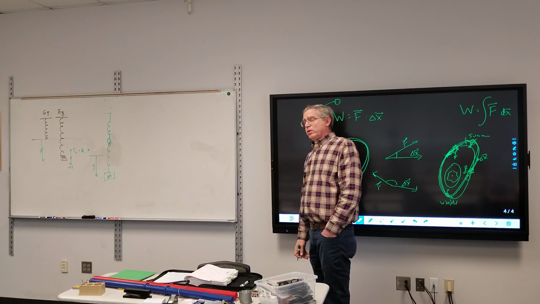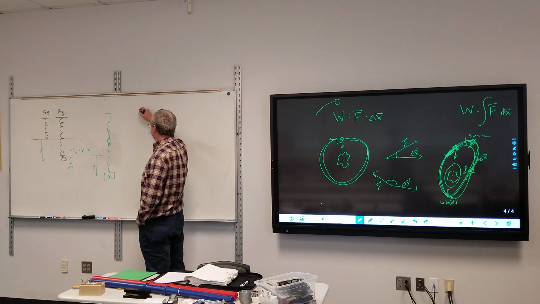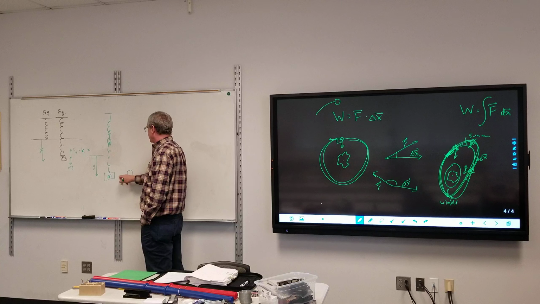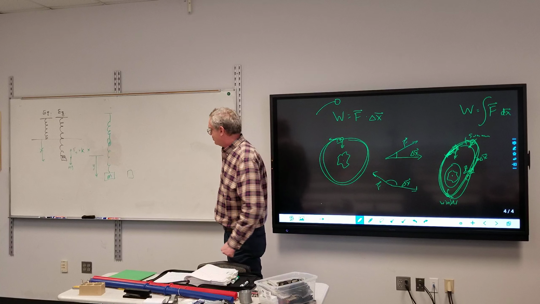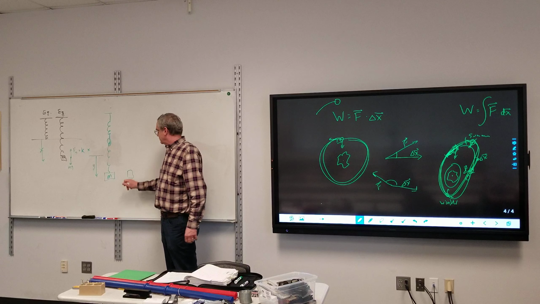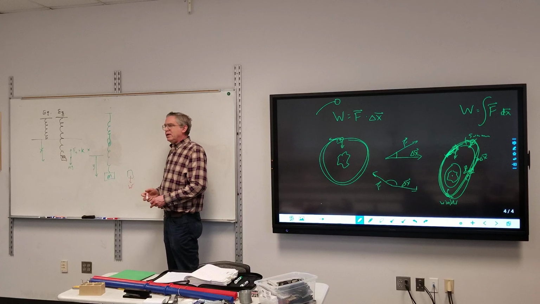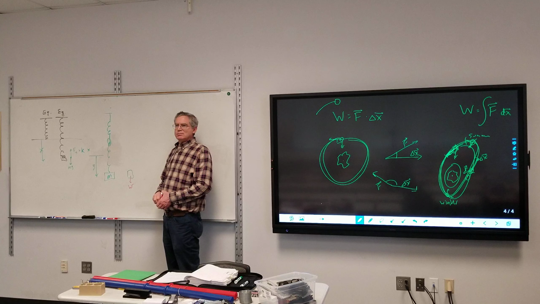It is not in equilibrium. What are the forces acting on it? We did a force diagram of it. Spring force?